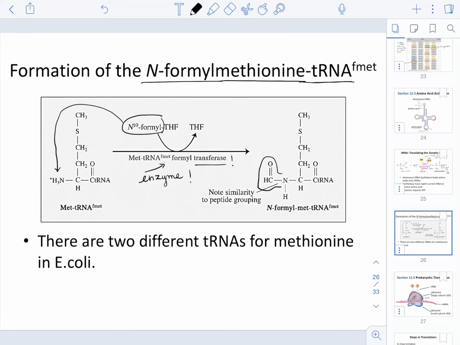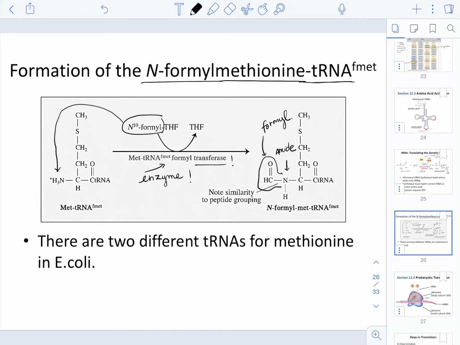This group, in terms of functional group, is going to make an amide. And then the formyl group is what I circled.